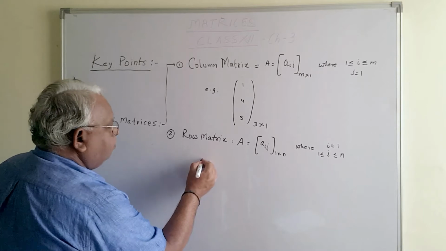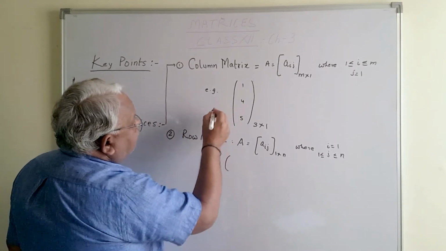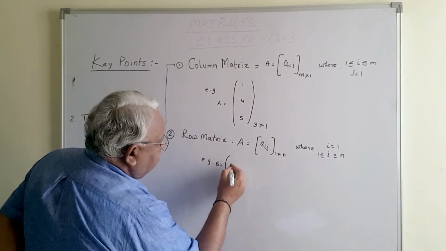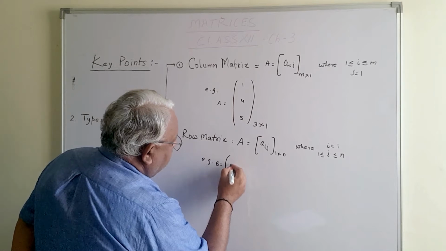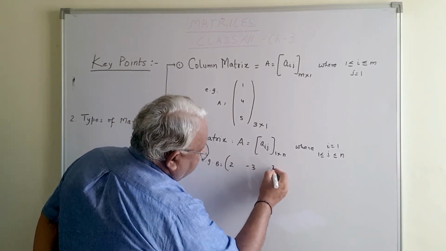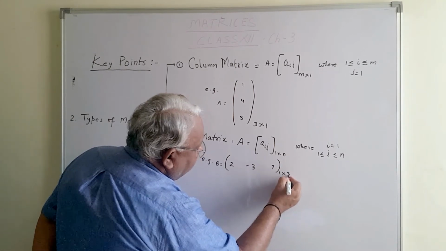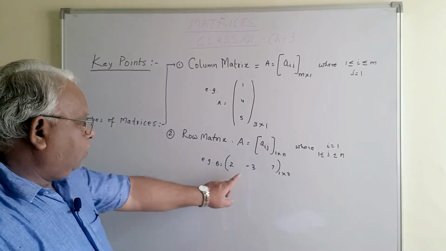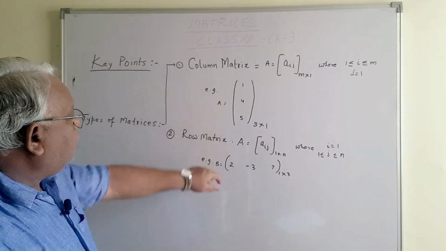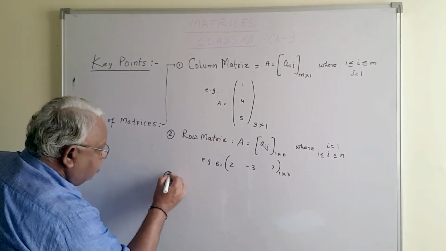Let us take an example. You can call it A, here you can call it B as 2, minus 3, 7. So the row is 1 and the column is 3. So the number of columns is 3 and the row is only 1. So it is called a row matrix.